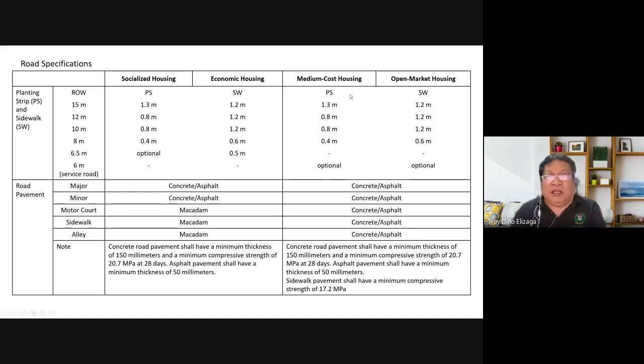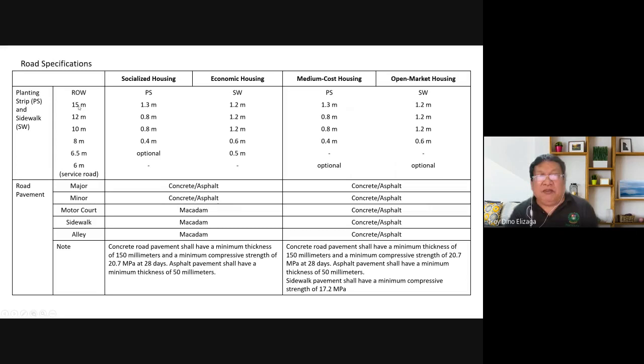For open market housing, planting strips are 1.3 meters, so you divide that into two: 0.65 meter on one side and 0.65 meter on the other side. Then the sidewalk is 1.2 meters, so you divide that into two also: 0.6 on one side, 0.6 on the other side.